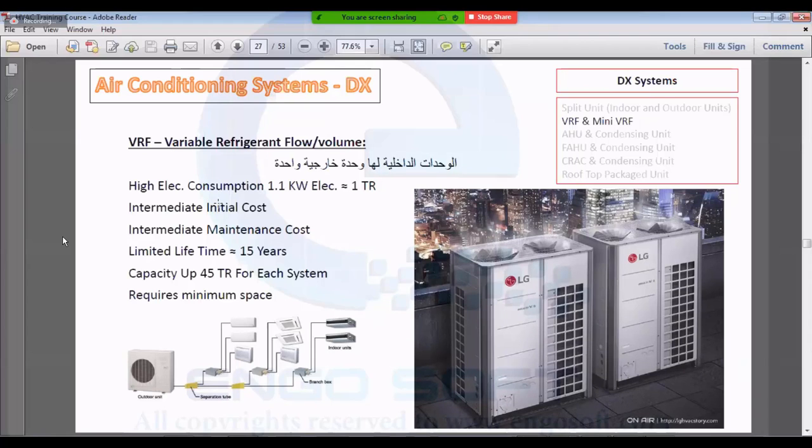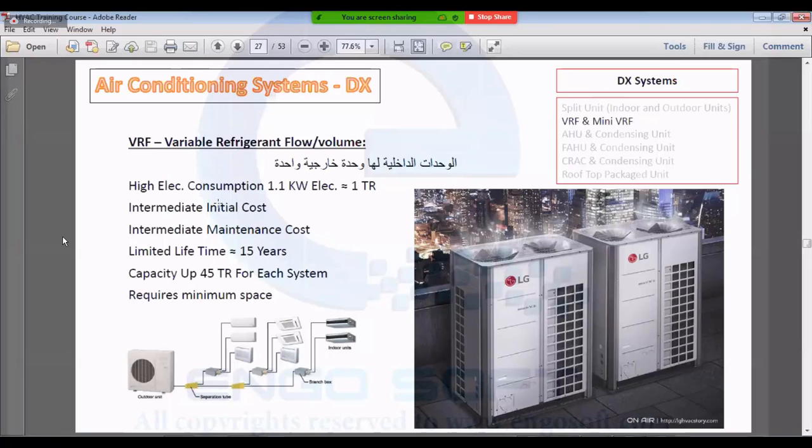Air conditioning systems, which are the direct expansion one, VRF, right? Yes, we are talking about a new technology, which is the VRF. This system is very new, and very challenging. Nobody but the engineer understands the concept behind it.